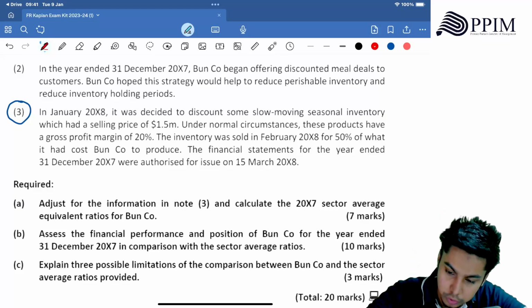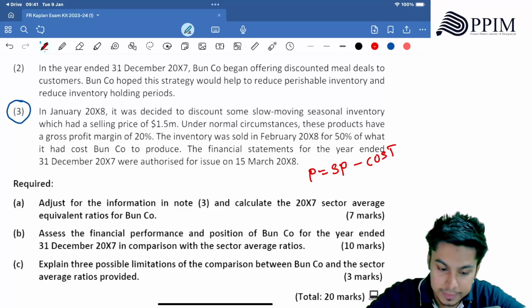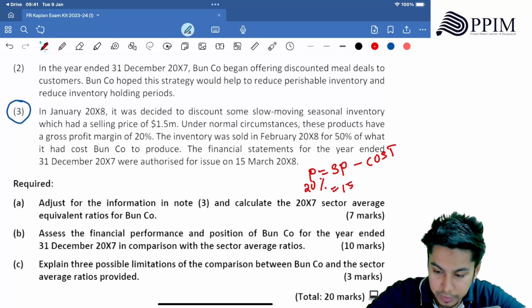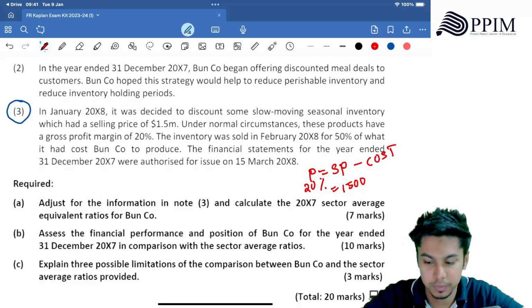So first, what we should do is this: profit is equal to selling price minus cost. They are telling us the normal gross profit margin is 20%. The normal selling price is 1.5 million. That's your normal selling price. All okay?